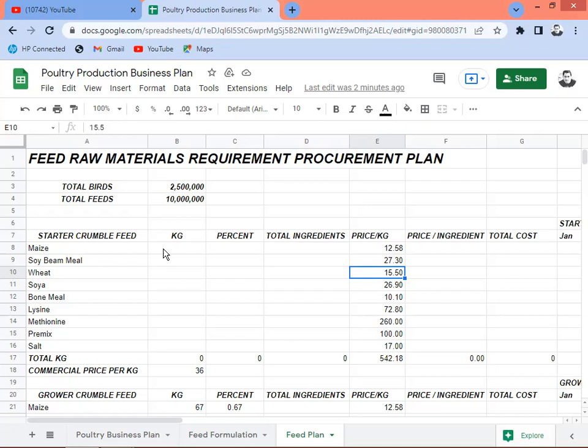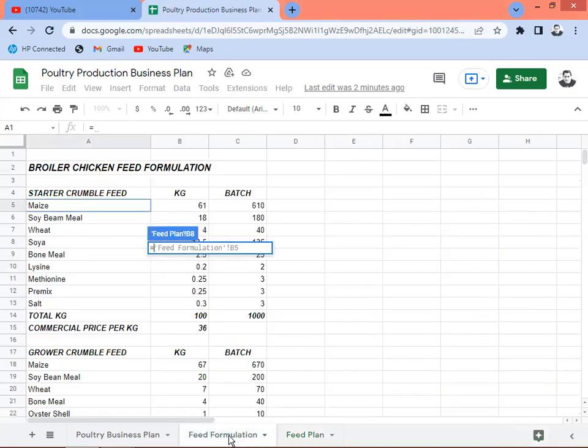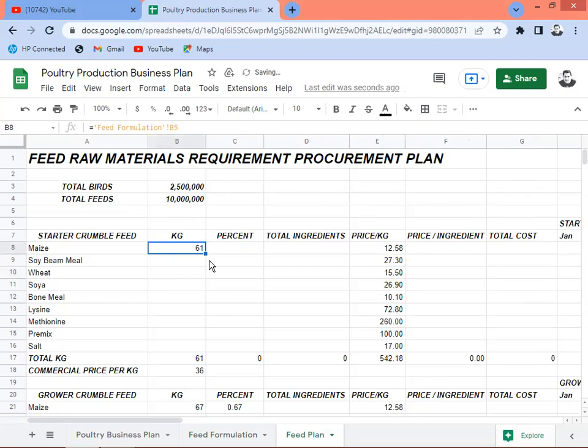Okay, so for the kilogram formulation, we got it also from the feed formulation, the second sheet. So we'll just get this from here. The first one is the maize or the yellow corn. It is 61 kilograms in the formulation for the starter crumble feed. Then just enter, and then just pull it down to get the rest of the kilograms, to get the 100 kilogram formulation.